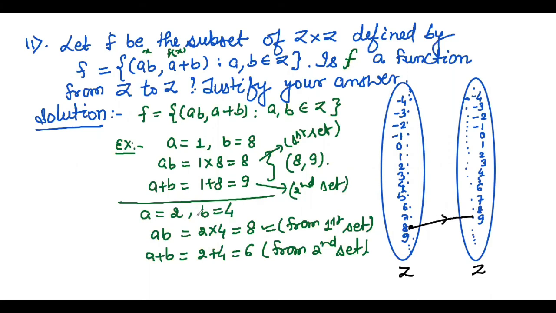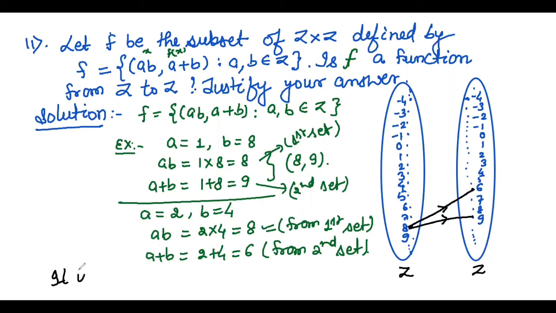And similarly, when we are taking A and B both different, here also 8 is connected to 6. 8 is connected to 6 also. So you can see this is not the format of a function. One element has two images. So clearly it is not a function.